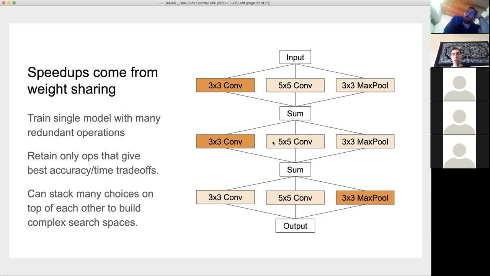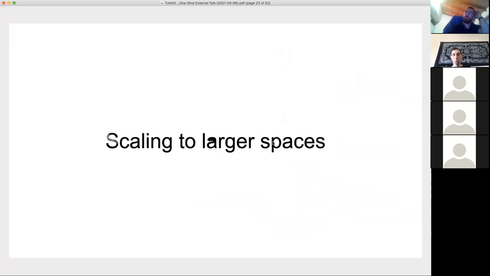And so what this means is that we can embed a fairly large search space in a relatively compact one-shot model, which we can use to rank different candidate architectures in the search space and identify the most promising ones. So this works well up to a point, but it turns out that we run into some challenges if we want to push this even further.